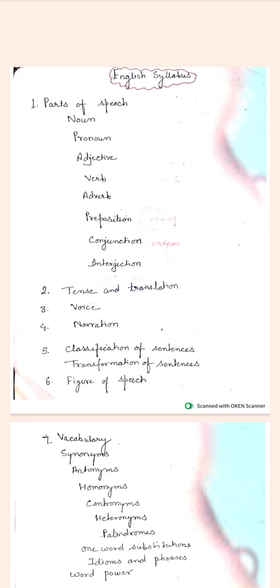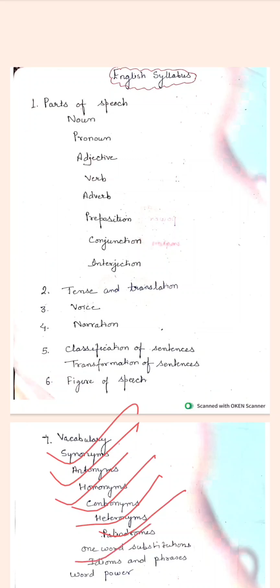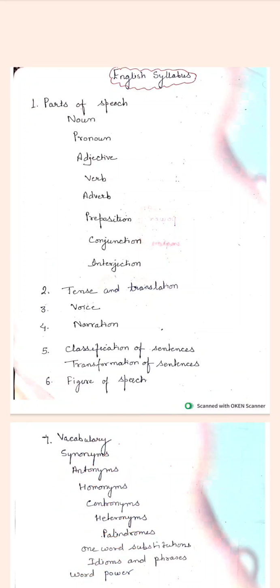So you will have to study vocabulary from the beginning classes. I'll write some kinds of vocabulary categorization: synonyms, antonyms, homonyms, contronyms, heteronyms, palindromes, one word substitutions, idioms and phrases, and word power. Word power means any other kind of word. And the last one, wait a minute.